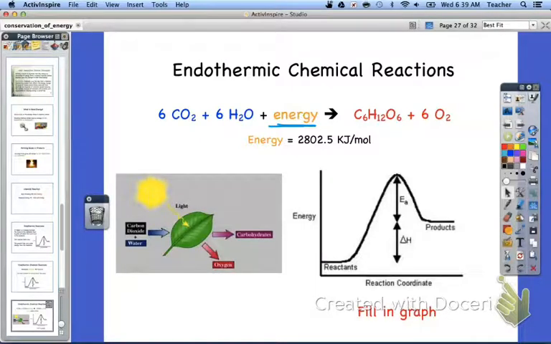So if we were going to fill in this graph with energy quantities, the difference between here, which is the reactants, and here, which is the products, that change in energy, or delta H of the reaction, is 2,802.5 kilojoules per mole. That's the difference in energy. It came from the sun and was required for that reaction to happen.